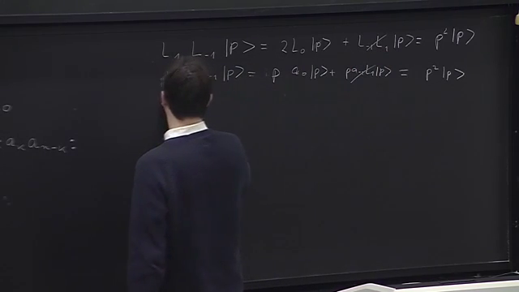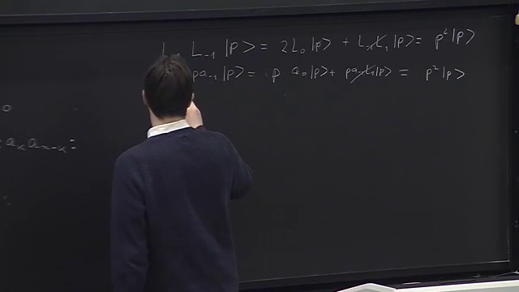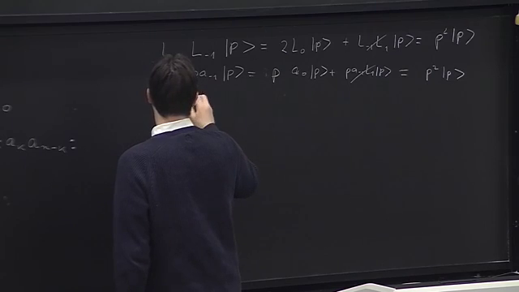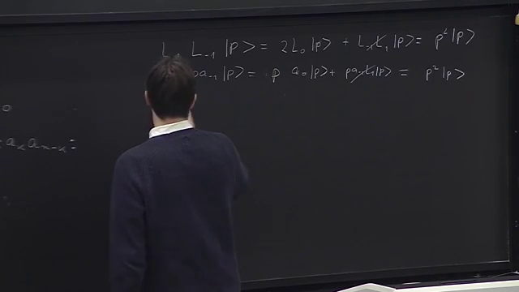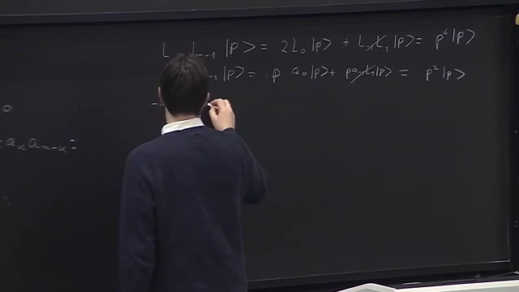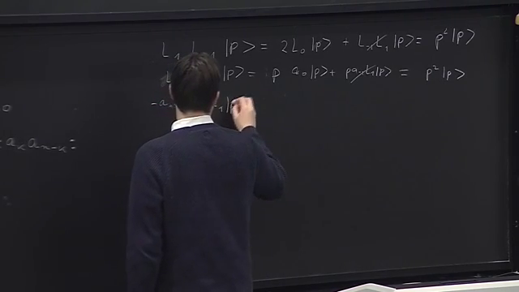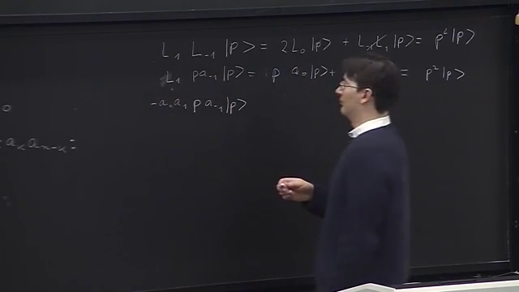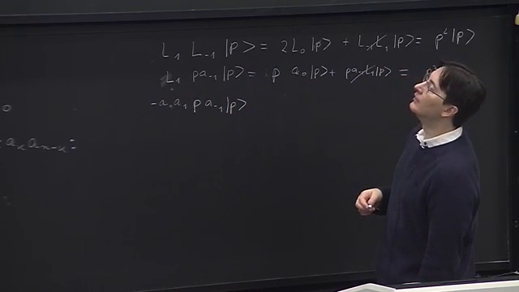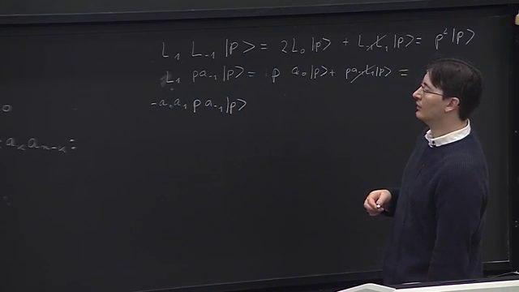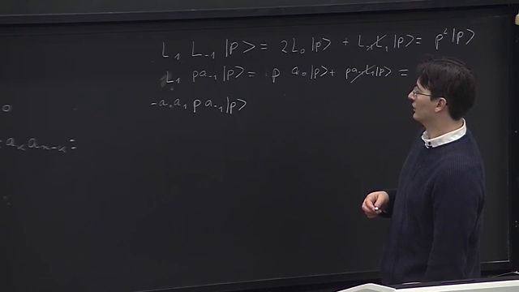So I get something like A0, A1, acting on this, and then, let me see, I hope I'm not making a mistake.